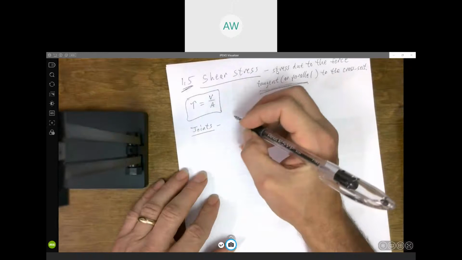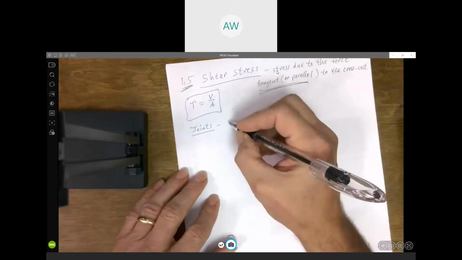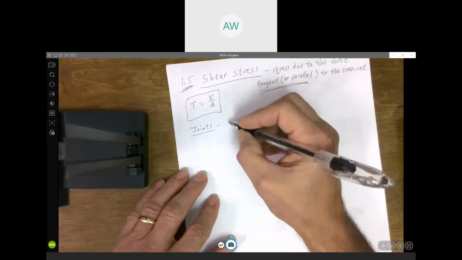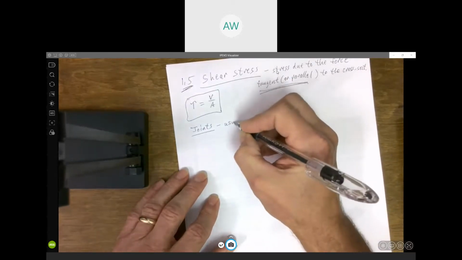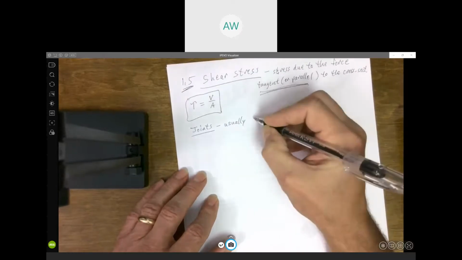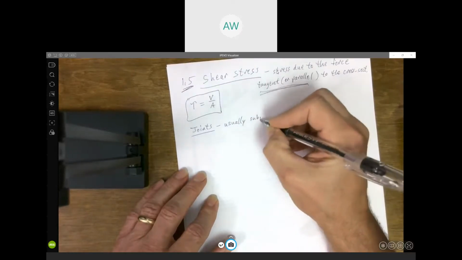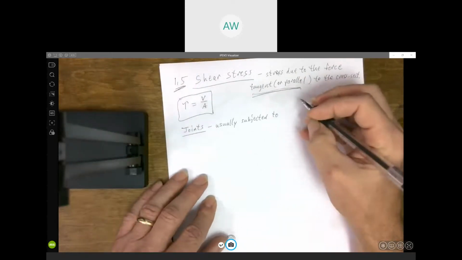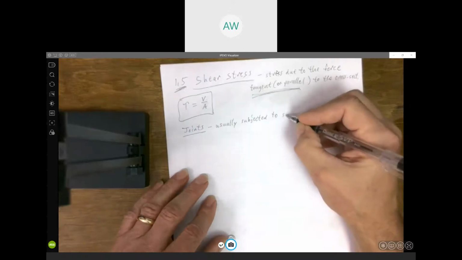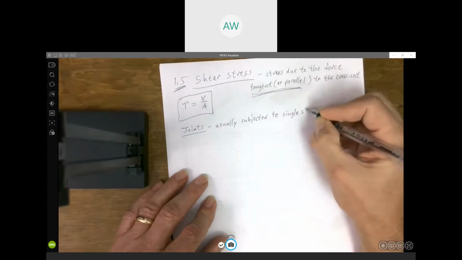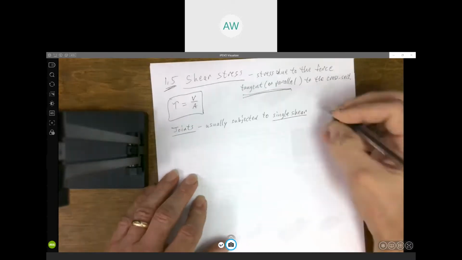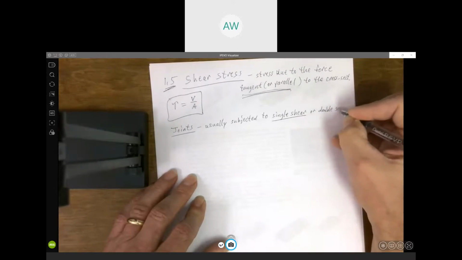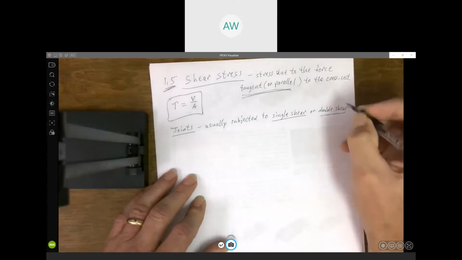So let's do this. These are usually subjected to what we call either single shear or what we call double shear.